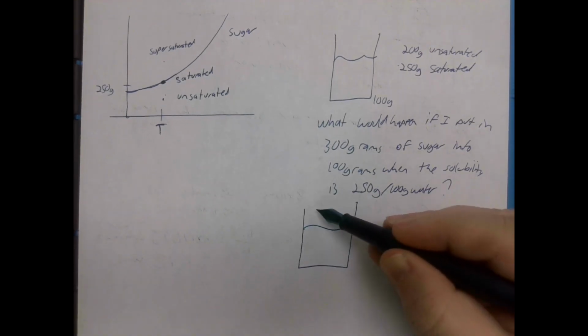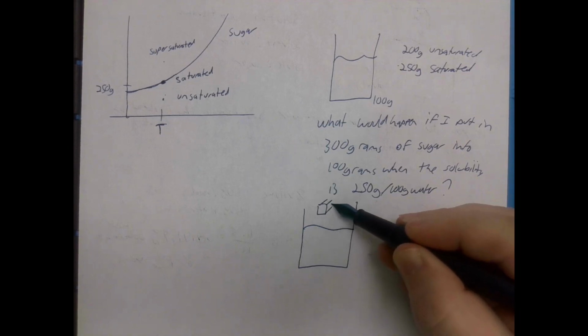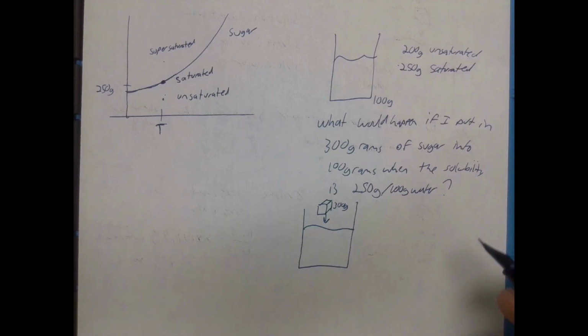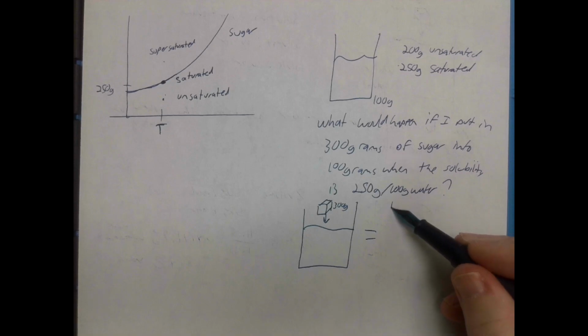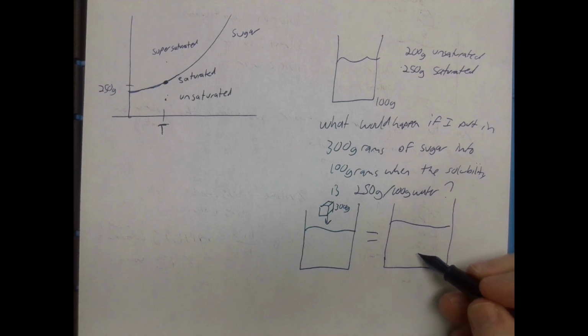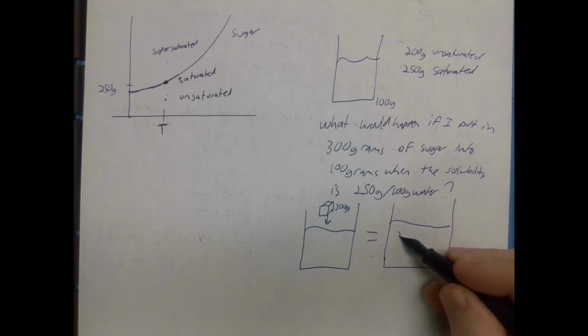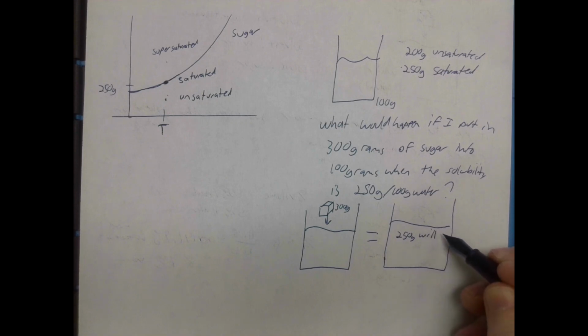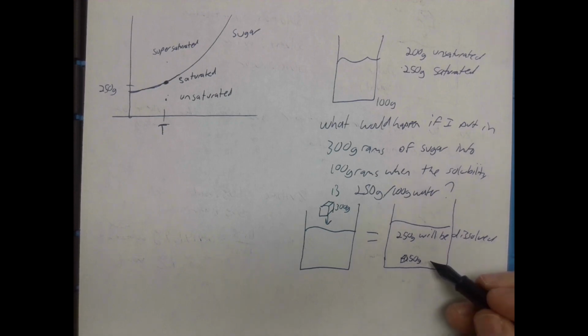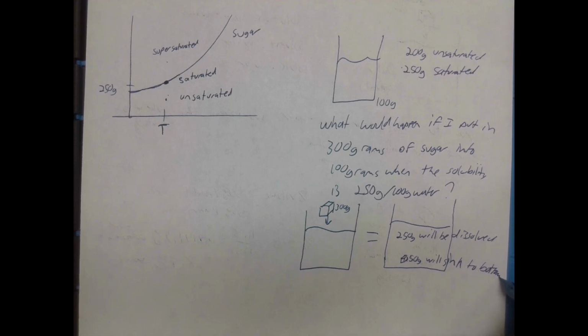So I'm putting a block that has 300 grams into the water. And what would happen? 250 grams will be dissolved, while 50 grams will sink to the bottom as precipitate.